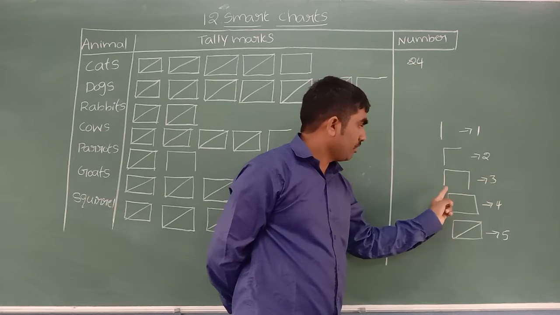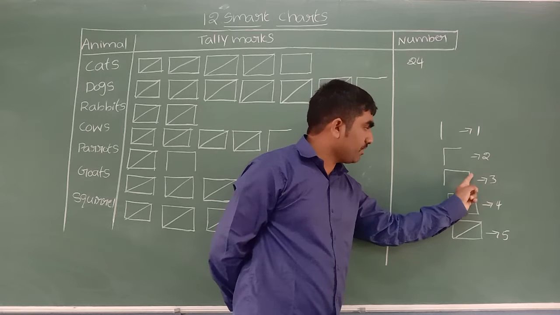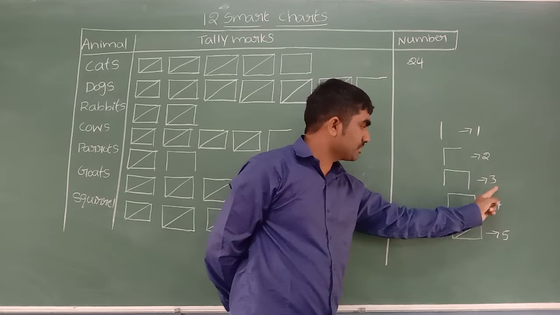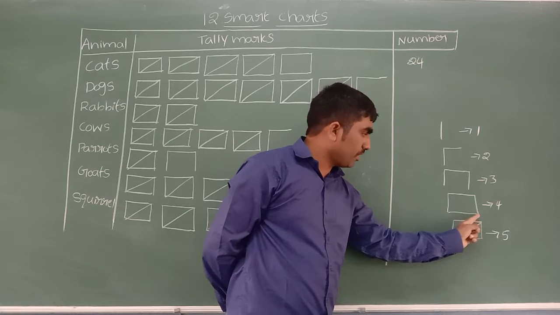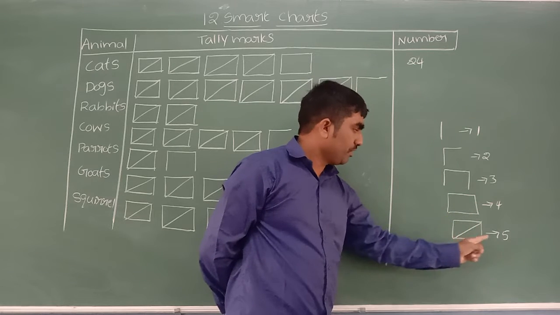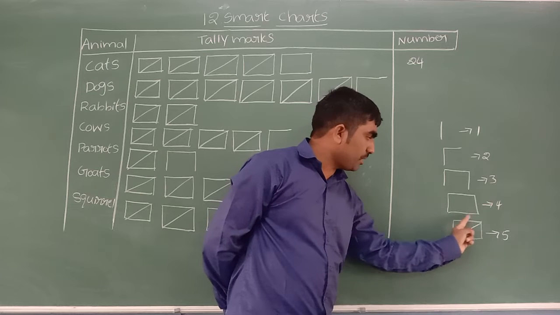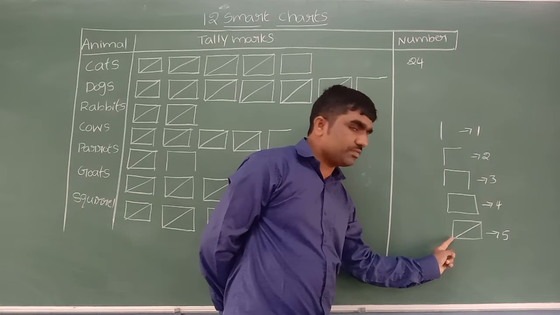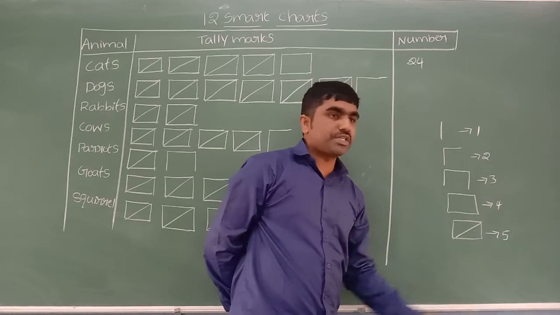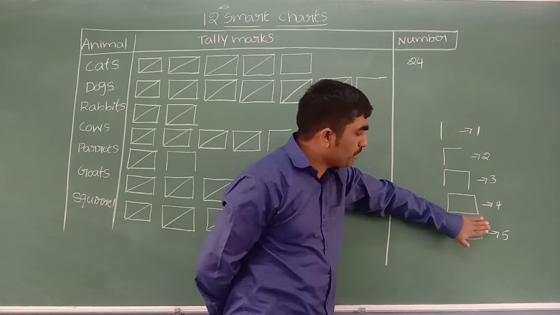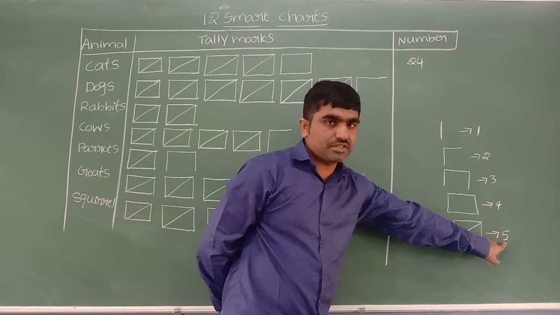Three students, vertical line, horizontal, and again one more vertical line. Four students, one vertical line, 2, 3, one more horizontal line, 4. For 5 students, she will take the same box and draw one diagonal line across it.